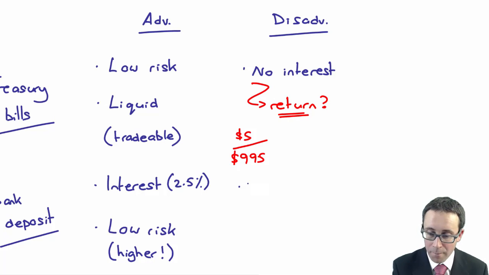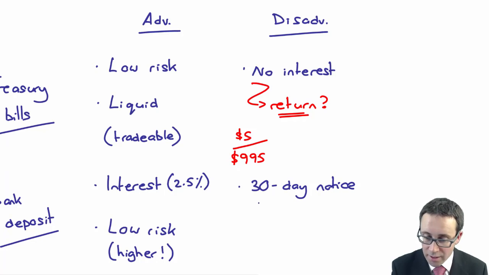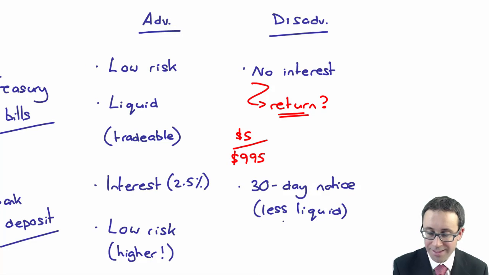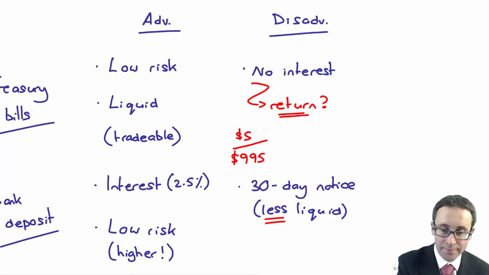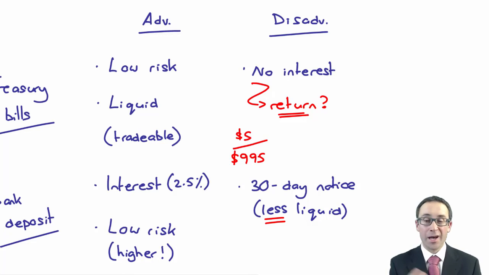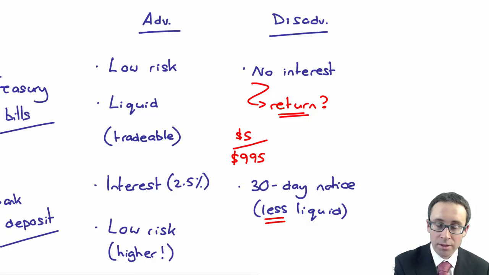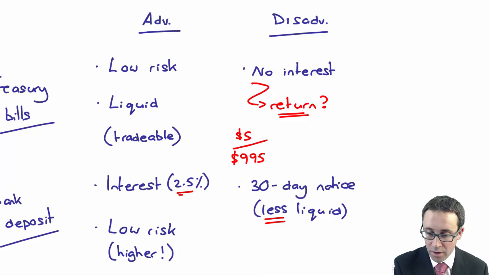And the disadvantage of your bank deposit is that you have to have, is it, 30-day notice? So 30-day notice means that it is less liquid, isn't it? Okay, there we go.